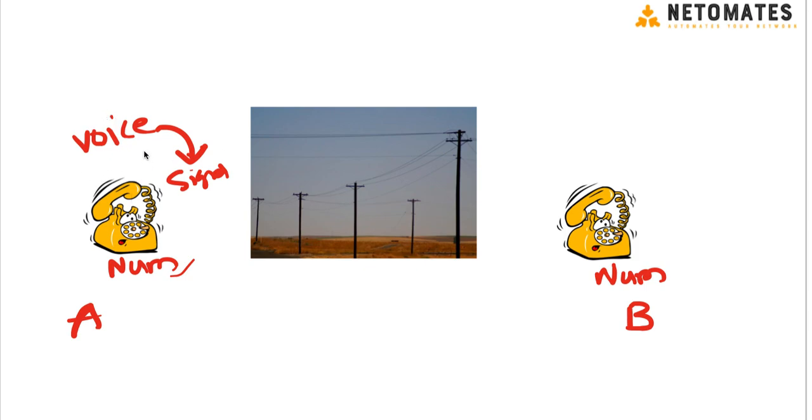Whatever the person speaks on one side will be transmitted as signals, and they will be able to travel longer distances and reach person B's location. There will be some devices in the middle to improve the signal and repeat the signal if the distance is higher. In this way there is no delay.